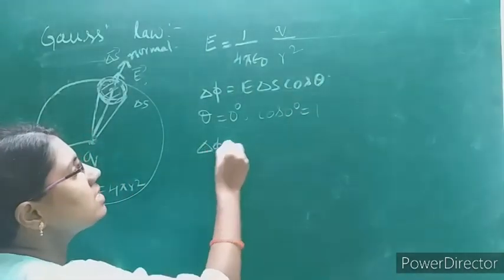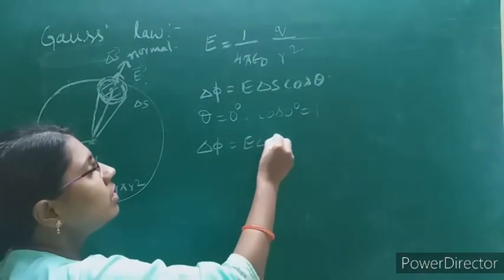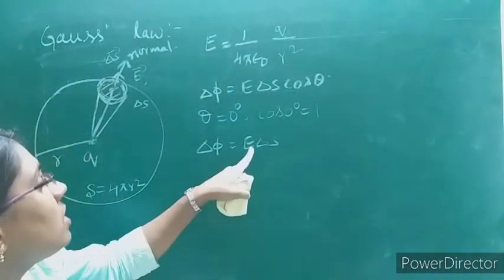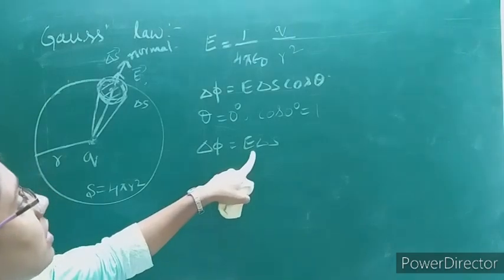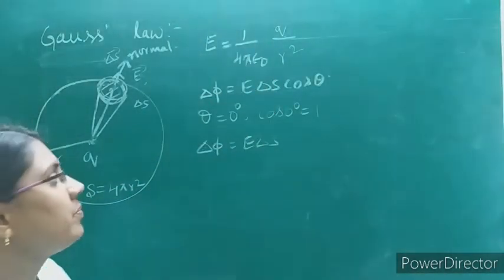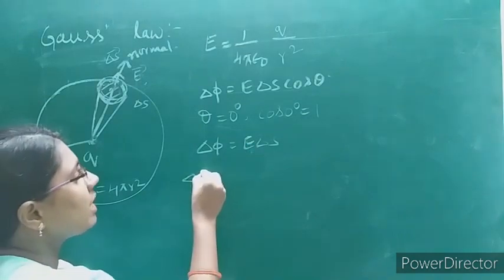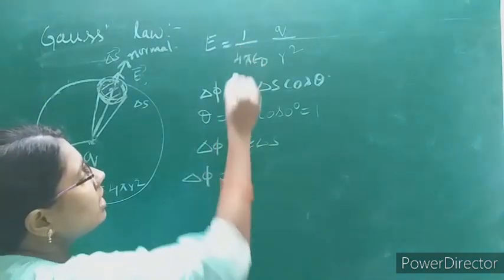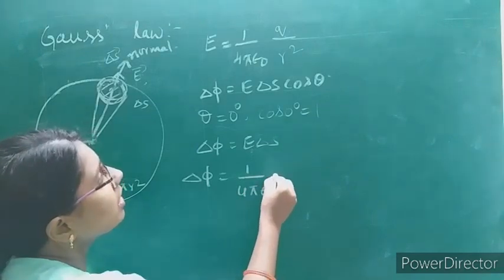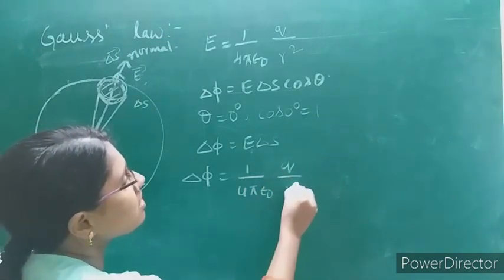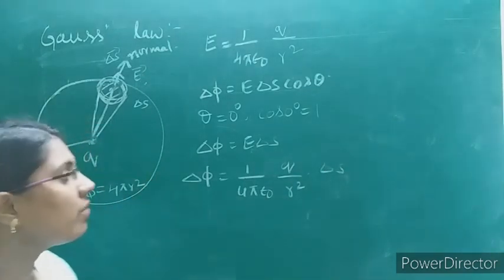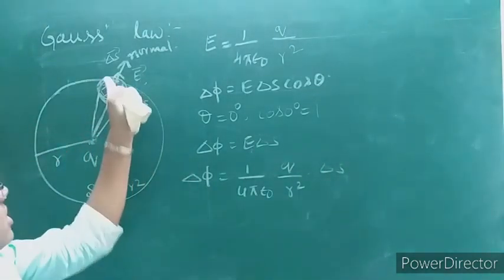So delta phi is equal to E into delta S. Now substitute the value of E in this equation. So we get delta phi is equal to 1 by 4 pi epsilon naught into Q by R square into delta S. This is the flux due to the small area element.